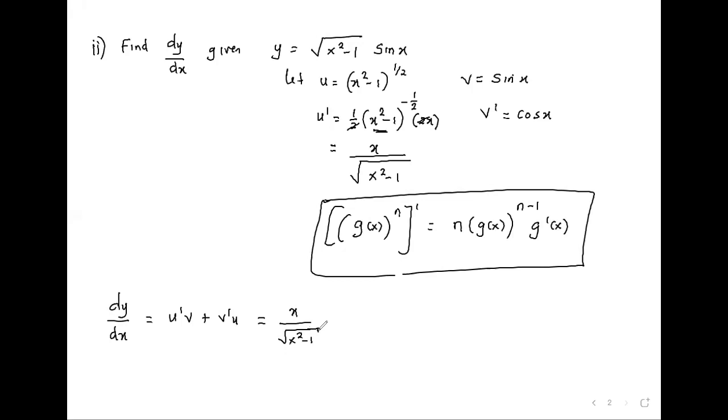V is sin x. So I'm multiplying by sin x. And then plus v prime is cos x multiplied by u. U is the square root of x squared minus 1.